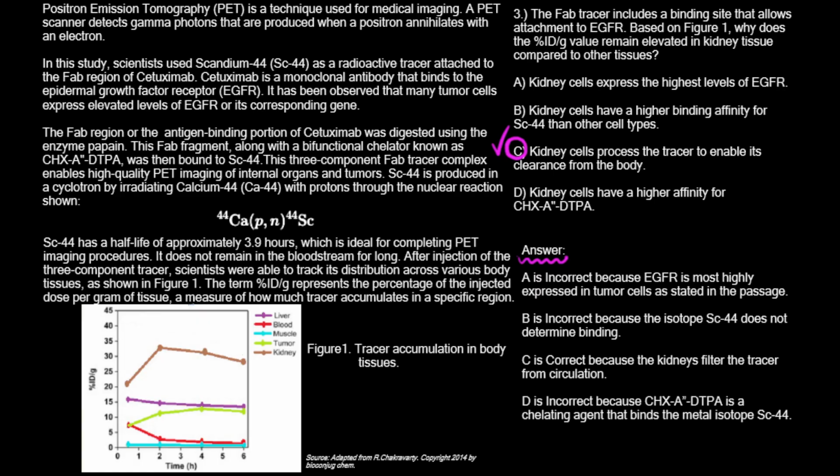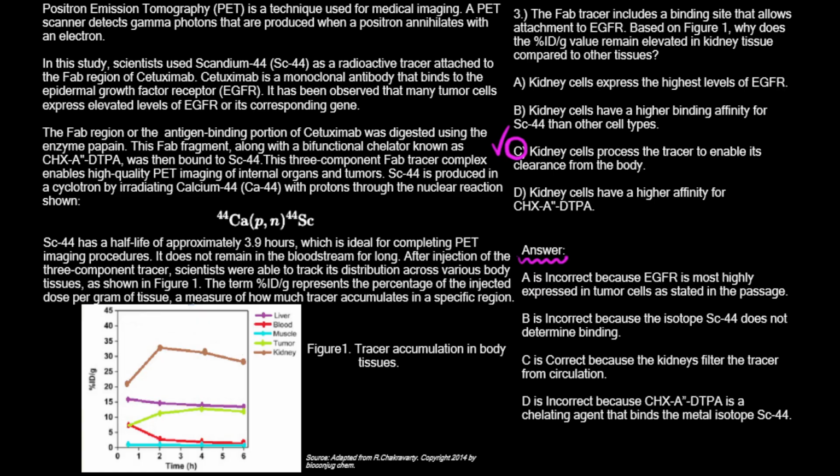This statement is not mentioned in the passage. When you see a question like this, don't overthink the details and just stay focused on what the passage tells you. Apply what you know about basic science and use the process of elimination to find the right answer. So the right answer to this question is answer choice C.